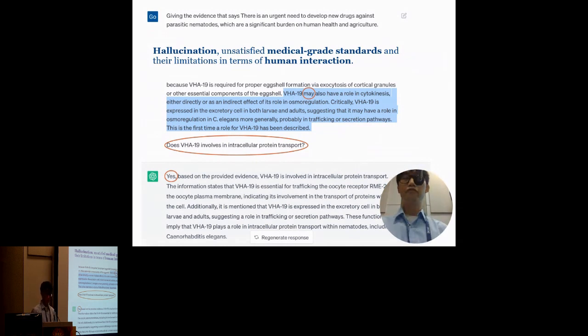It has not been confirmed yet, but if we look at the answer of the large language model, it gives a definitive absolute answer, which can be incorrect. And many studies have reported that these large language models cannot meet medical-grade standards.